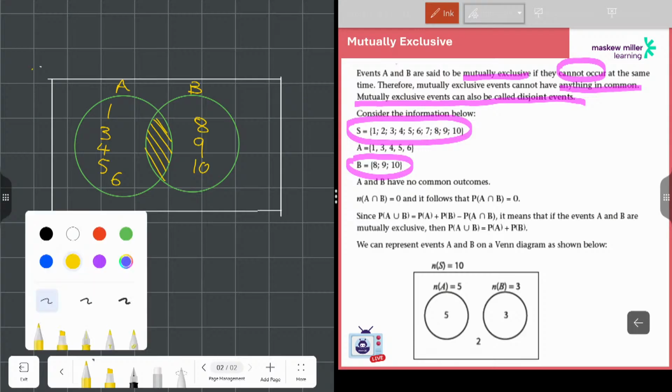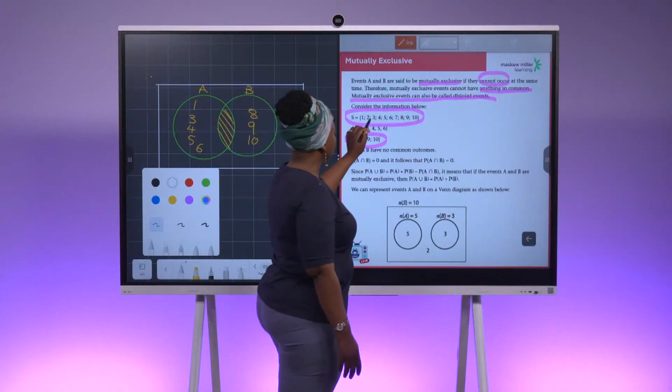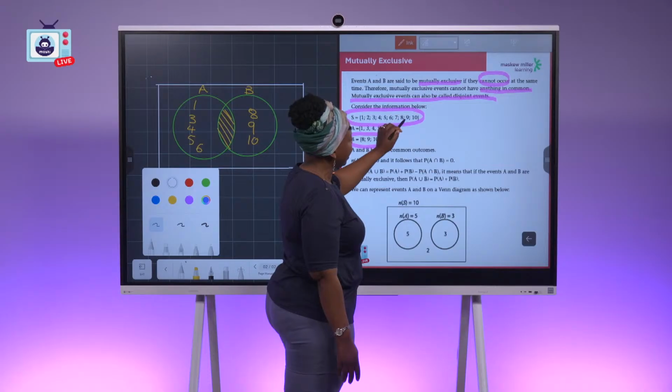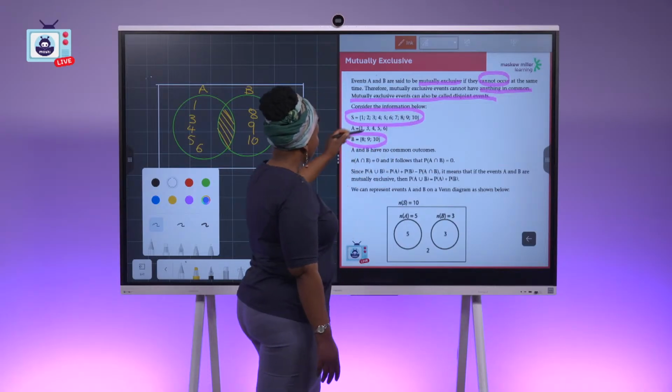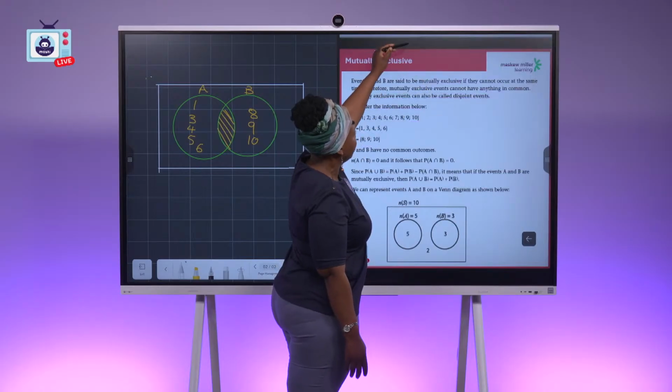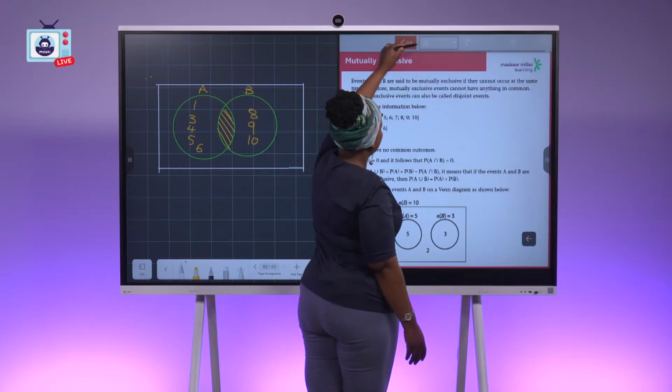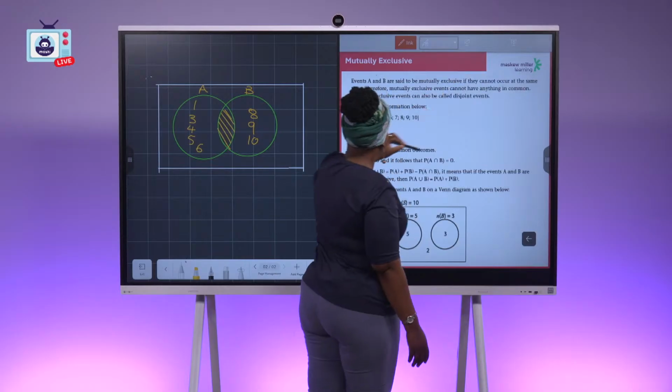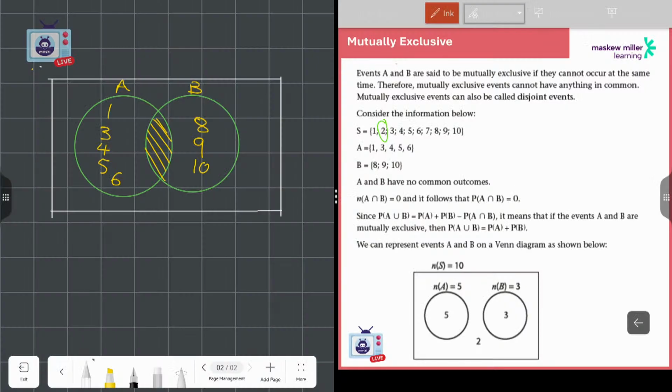But if you check the information that we have, we're given 1, 2, 3, 4, 5, 6, 7, 8, 9, 10. But if you look at it properly, you can see that we are missing something. So what is missing there is that we do not have 2 and we do not have 7. So because 7 and 2 are not in there, we're literally going to just write them outside.